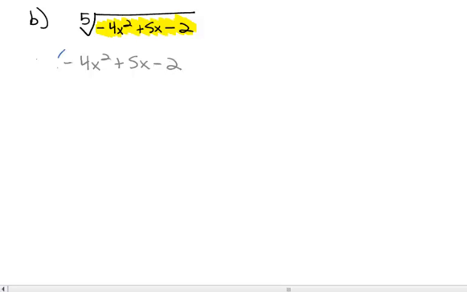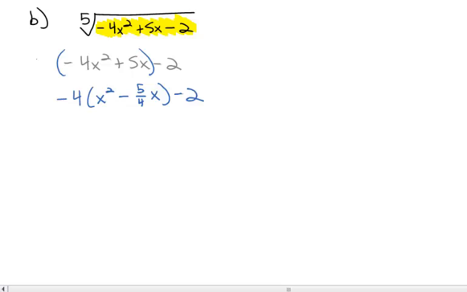Going through the exact same steps, group the first two terms together and factor out the a, in this case the negative 4. When we factor out a negative 4, it now becomes positive x squared and negative 5/4 x minus 2. Be careful with the negative in your signs here.